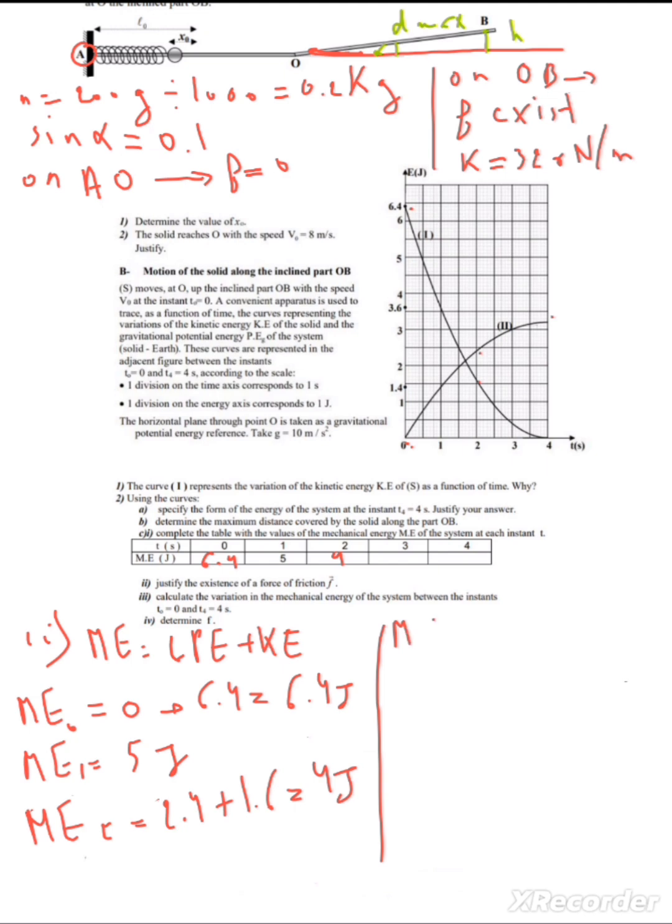At t equals 3 seconds, GPE equal 3 and kinetic energy equals 0.4. So we obtain 3.4 joule. At t equal 4 seconds, GPE equal 3.2 and kinetic energy equal to 0, so it's 3.2 joule.